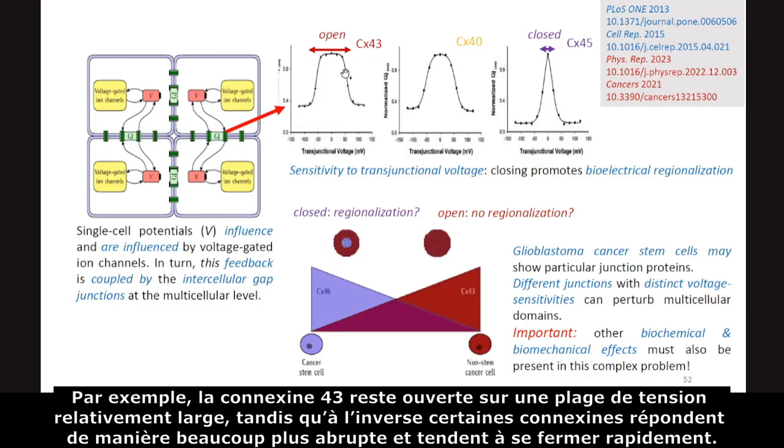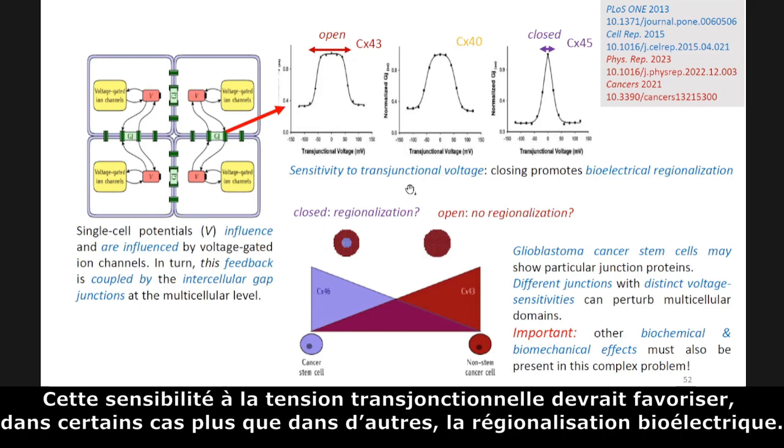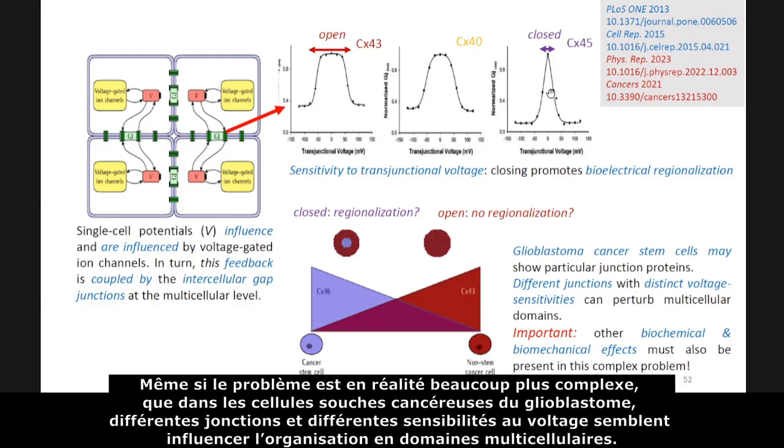For instance, some connexins open over a voltage window which is quite wide, while on the contrary, connexin 45 tends to respond sharply and to close rather rapidly. This sensitivity to the transition voltage should promote bioelectrical regionalization, in some cases more easily, in other cases not so easily.